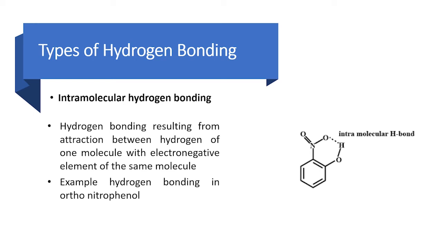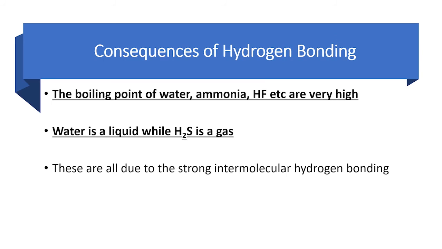We can see that in ortho-nitrophenol, the OH group and NO2 group are in adjacent positions, and this position facilitates the formation of intramolecular hydrogen bonding. So within the molecule there is hydrogen bonding, and such hydrogen bonding is called intramolecular hydrogen bonding. Now let's see the consequence of hydrogen bonding.